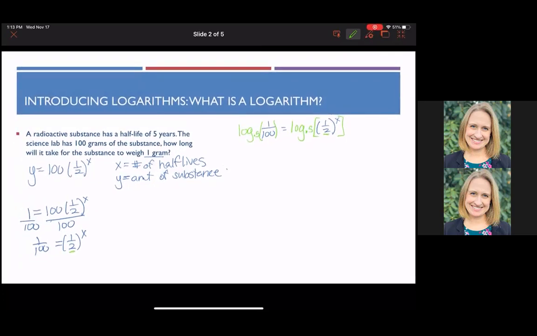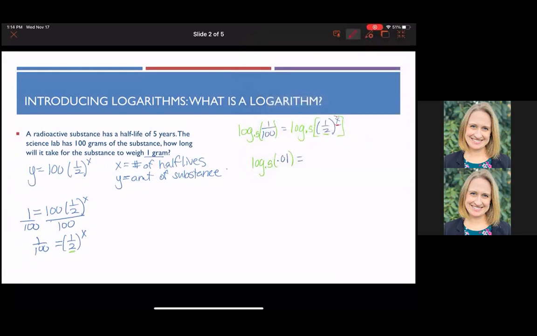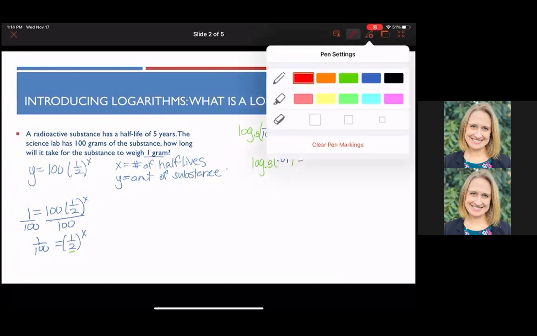So then what we see is that we have log base 1/2 of 1/100th equals, and just as before, the x, this is our log properties, the x comes down in front.